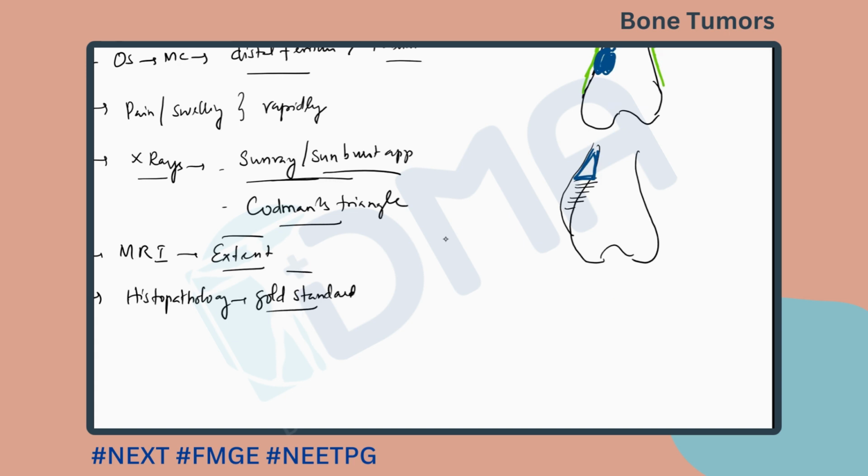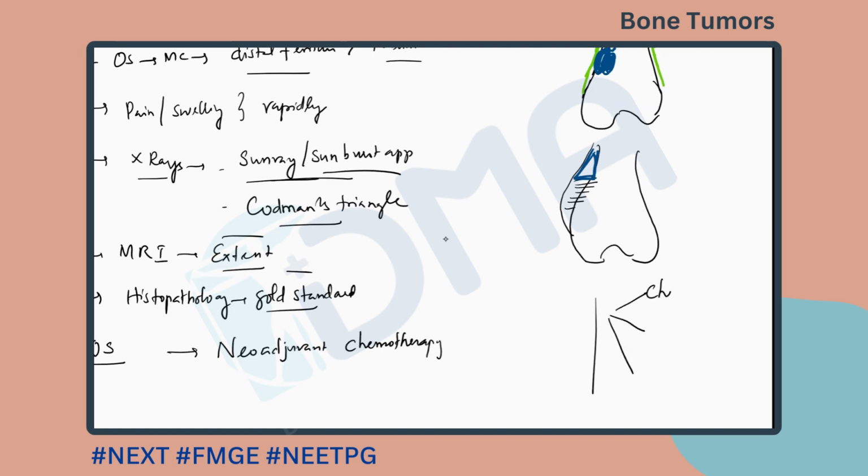Okay. And once you confirm it is osteosarcoma, you have to give 3 kinds of therapy. One is called neoadjuvant chemotherapy. To put it very broadly, there are 3 broad treatments for any malignancy.